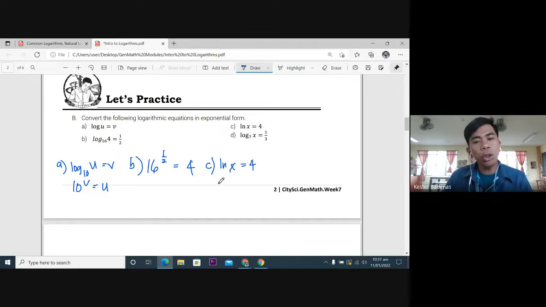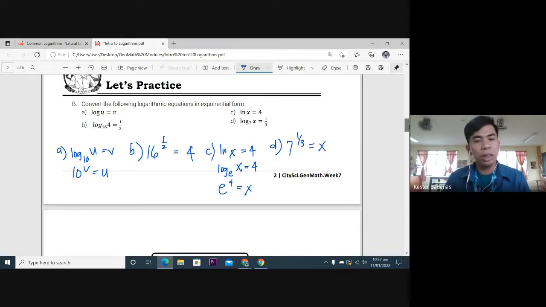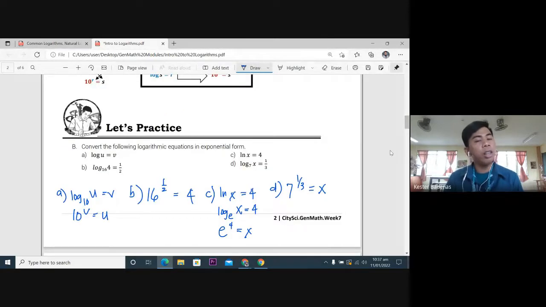So, rewrite natin yung ln, logarithm of x, with the base e is equal to 4. So, we have e raised to 4 is equal to x. And lastly, letter D, so we have logarithm of x with a base 7 is equal to 1/3. So we have 7 raised to 1/3 is equal to x. So that is how we rewrite logarithmic equations to exponential form.